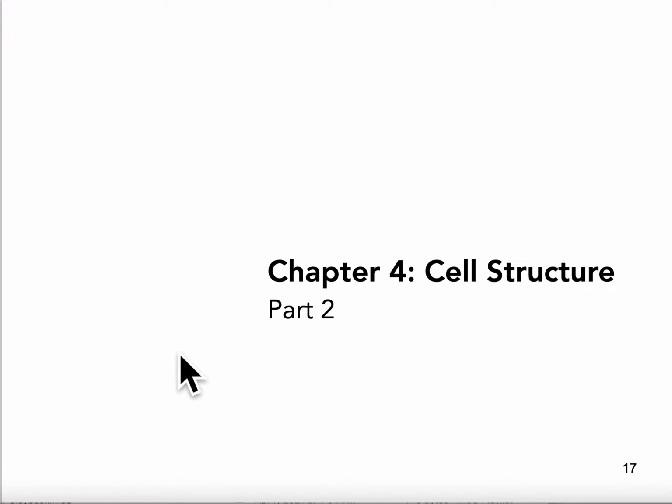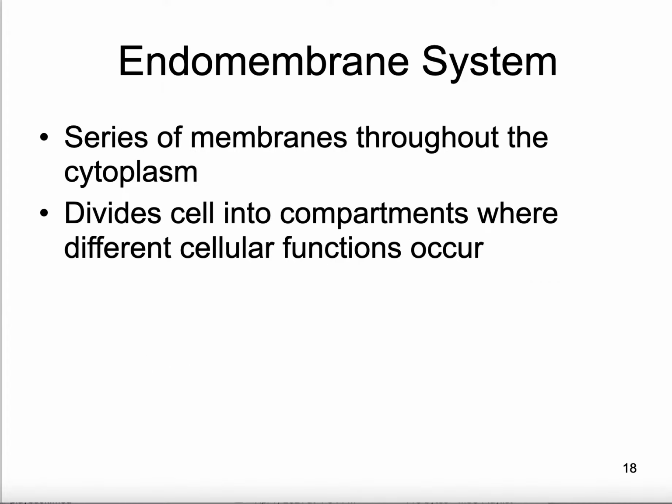All right, so previously we talked about nucleus and ribosomes as two very important parts of the eukaryotic cell. Next is the discussion of the endomembrane system. So this is several membranes of different cellular organelles throughout the cytoplasm that work to divide the cell into several compartments.